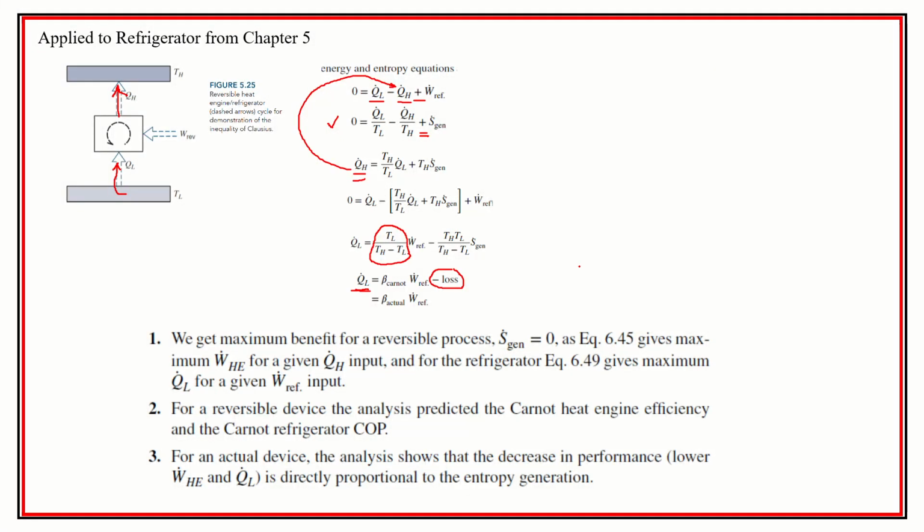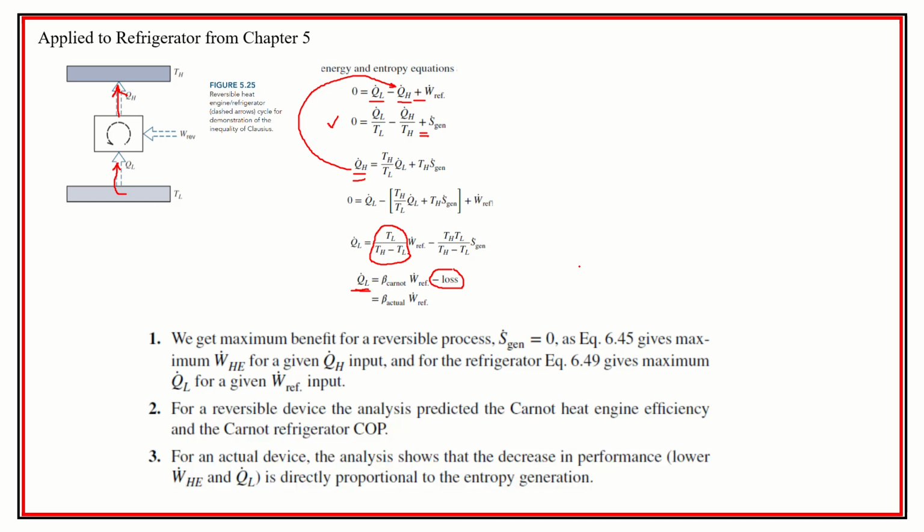We get the maximum benefit for a reversible process by having the rate of entropy generation equal to 0. It gives the maximum amount of work for a given heat input for an engine, and for a refrigerator it gives the maximum amount of cold or low temperature heat flow for a given amount of input power.